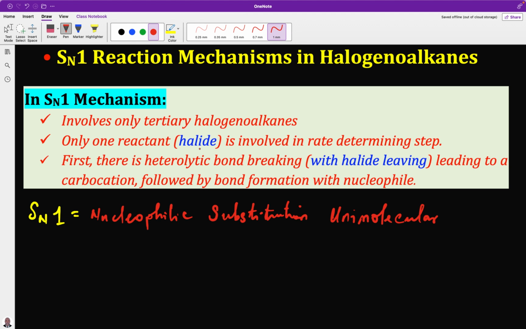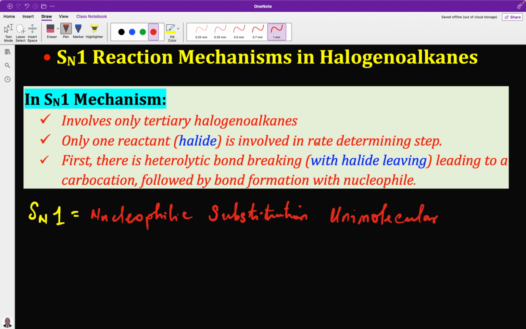This is a two-step mechanism. The first step is ionization, that is the heterolytic bond breaking with the halide leaving, resulting in a carbocation.